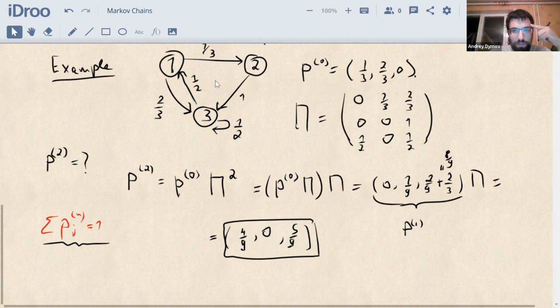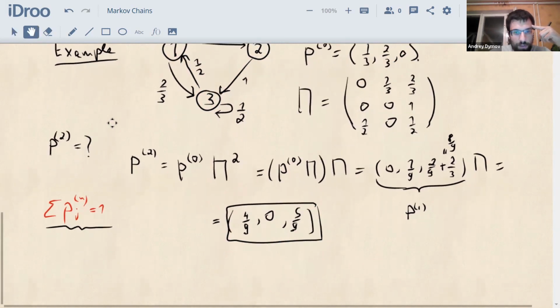And also, if I start here, I cannot be here at time 1, right? It's possible only if I start there. But I cannot start there because I have 0 here. So in such a way, you can check your computations. So now it's indeed clear that here we should have 0.